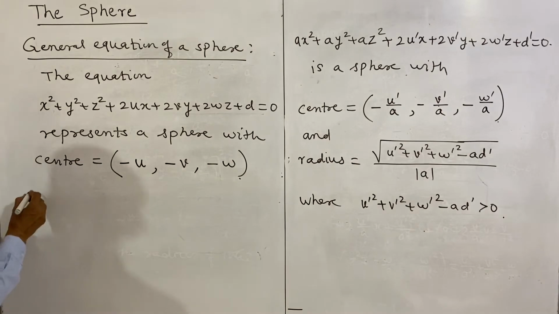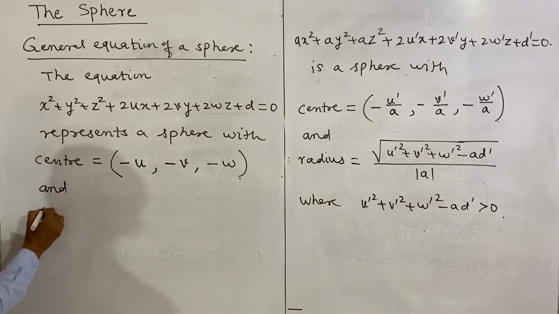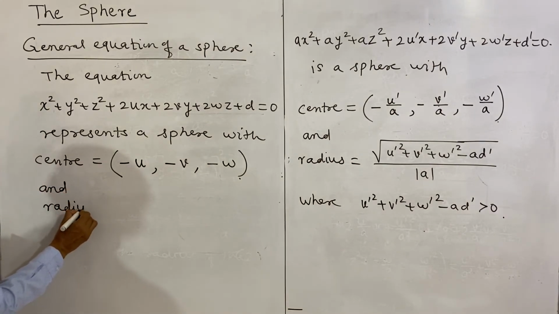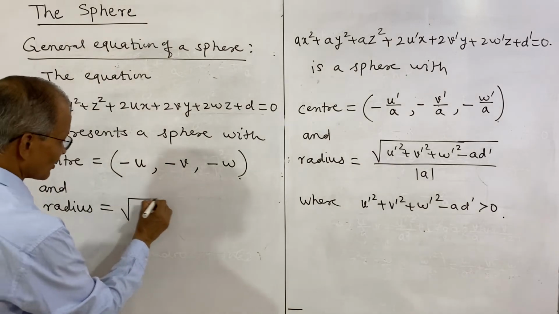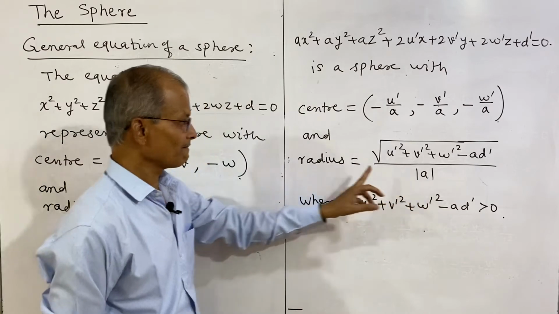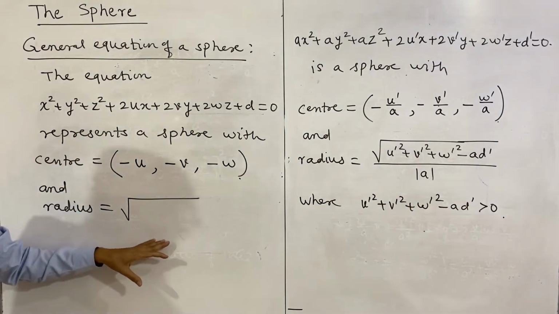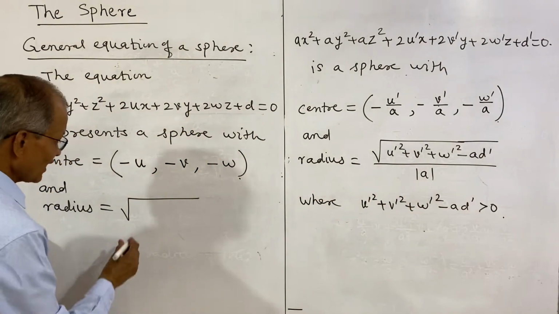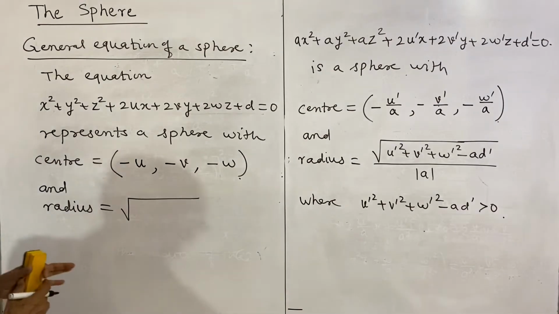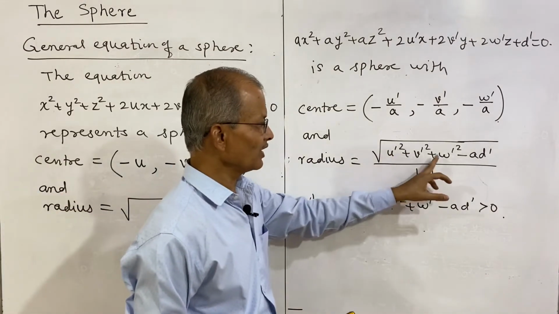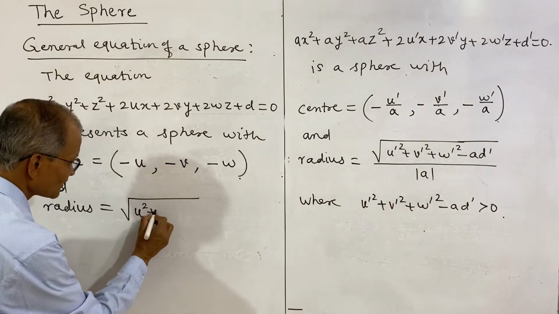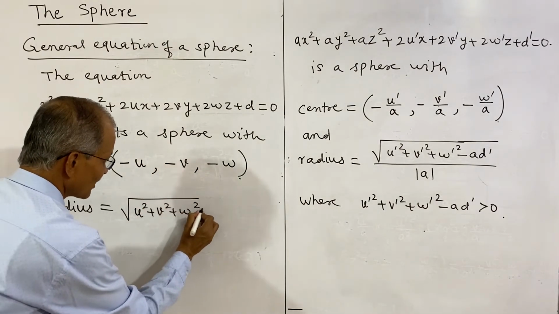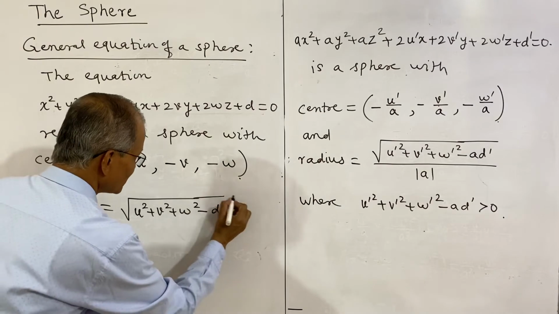And radius is equal to... Now what will be the radius? Under root of, here a is 1, so the denominator is 1 and the numerator will have, in place of these prime notations, u, v, w and d. So this will be the root of u square plus v square plus w square minus d is the radius.